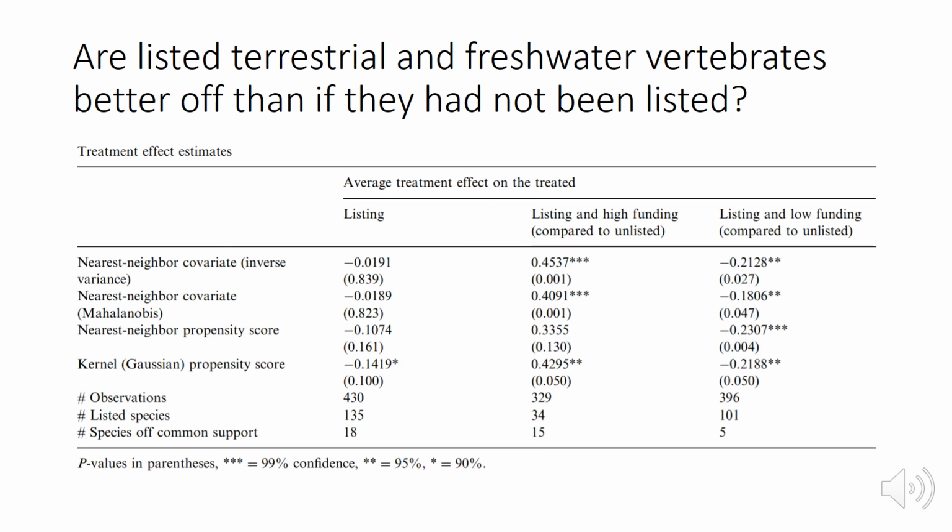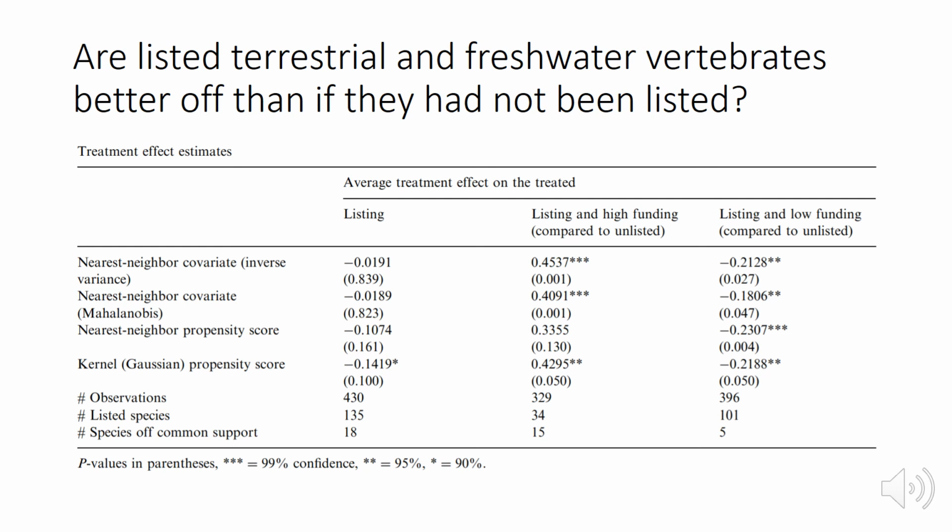And what we see is that when there are a great deal of conservation efforts made, what it's called here in the table as high funding, being listed as an endangered species helps. When there aren't good conservation efforts made, in this case low funding, it's actually quite detrimental to the species to be listed as endangered.